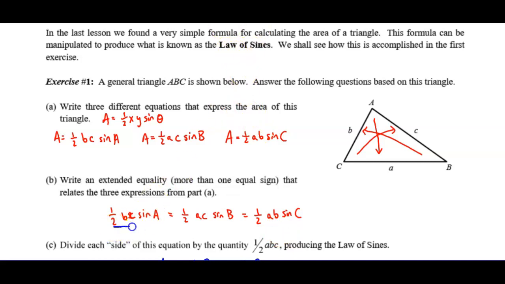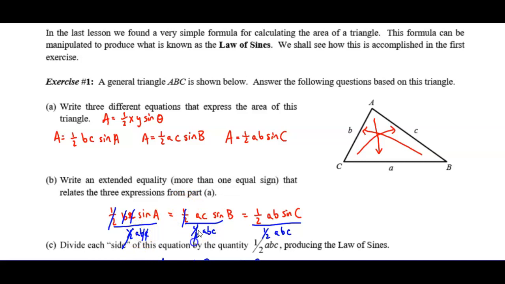If I divide each of these by 1/2 ABC, and just set that up on each one, 1/2 ABC and 1/2 ABC. In the first one, the 1/2s are going to cancel each other, the B's cancel each other, and the C's cancel each other. And so all I have is an A in the denominator.